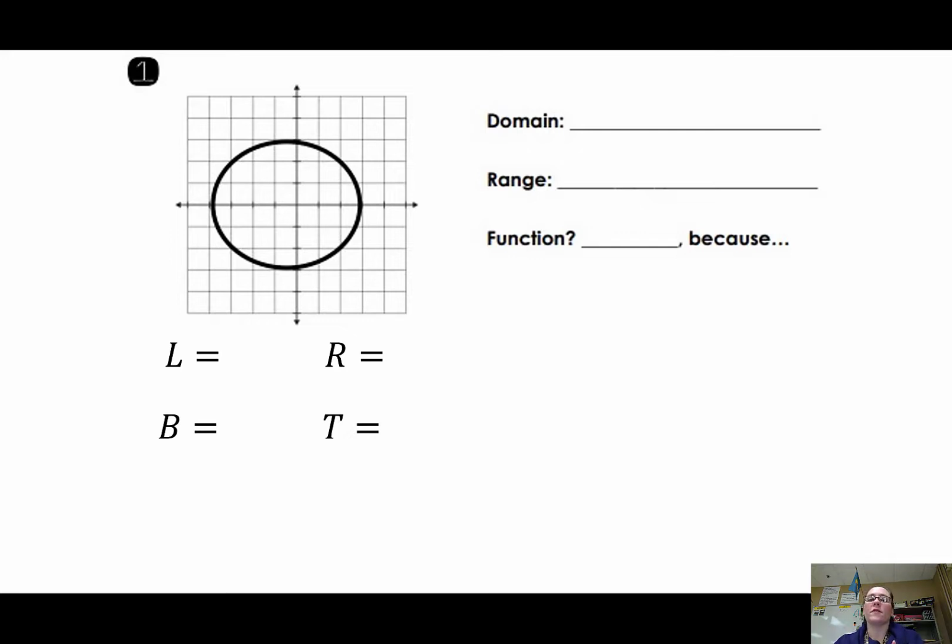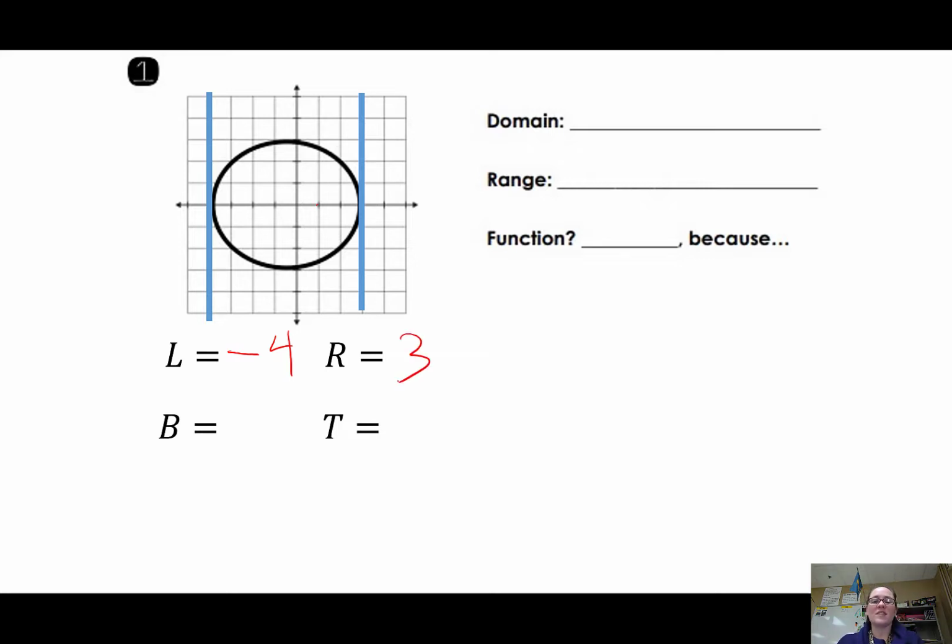Okay, so looking at our first. Remember, domain goes with the x values and range goes with the y. So first thing I'm going to look at is how far to the left my graph goes. Here it goes 1, 2, 3, 4 to the left. So that's -4, right? Left is negative. Then how far to the right? Well, in this case, it goes 1, 2, 3 to the right.